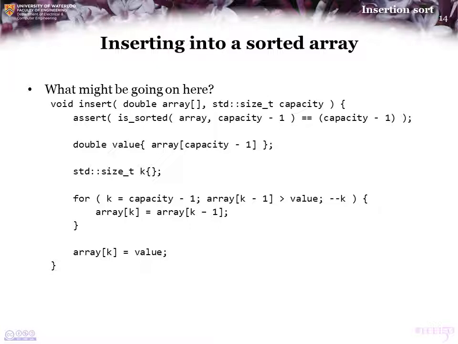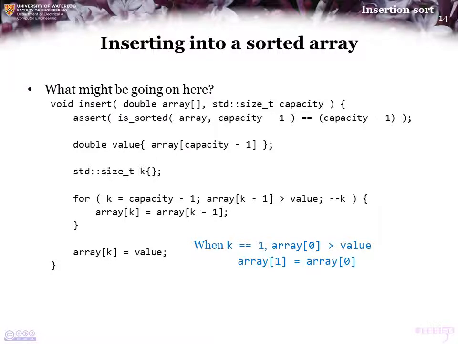Okay, what's happening here? So what might be going on here? Well, we're going all the way back to the start of the array, so let's see what happens when k is equal to 1. Now, when k is equal to 1, the condition is array entry 0 greater than the value?